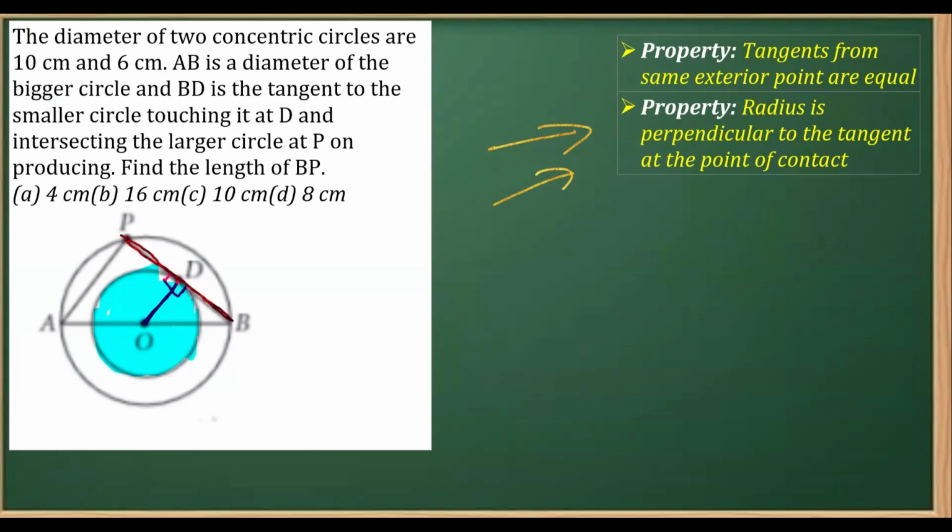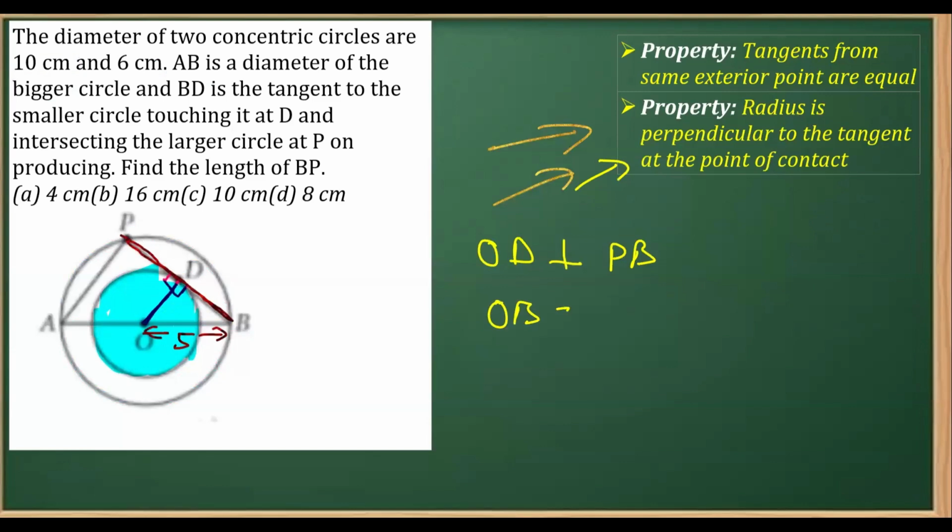So using this property, radius is perpendicular to the tangent at the point of contact, we'll say that OD is perpendicular to PB, and you must write down the property here. Now, once you have this as 90 degrees, let's figure out the lengths given here. The radius of the larger circle has to be half of 10, that is 5. So I can say this is 5, that is OB here, right?